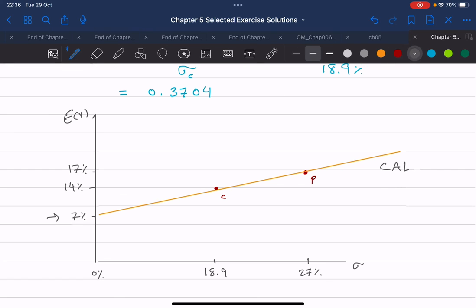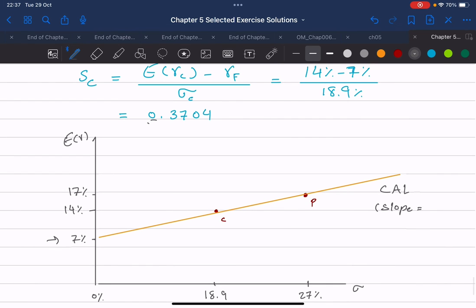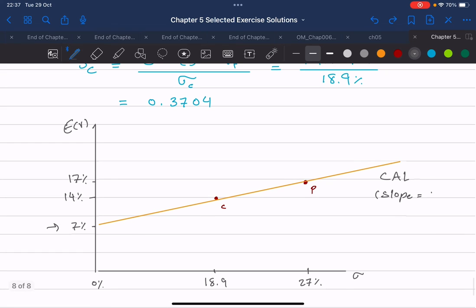So this is the capital allocation line. The slope is equal to the Sharpe ratio. So what was it here? 0.3704. Okay, so 0.3704.